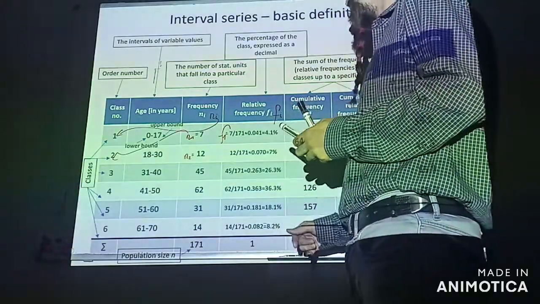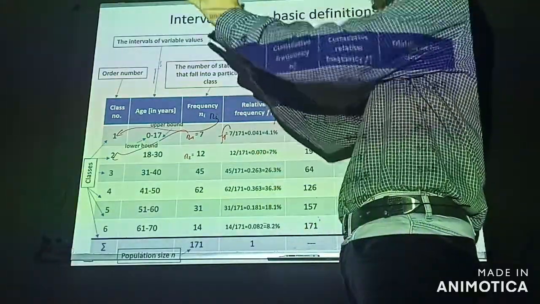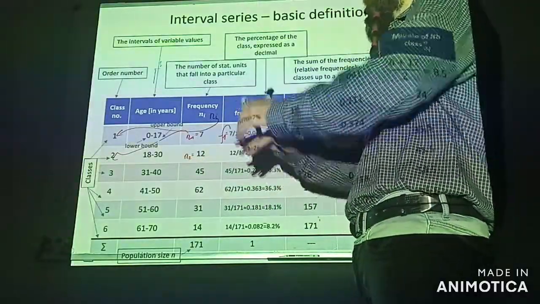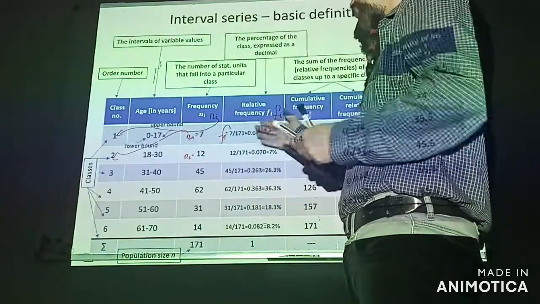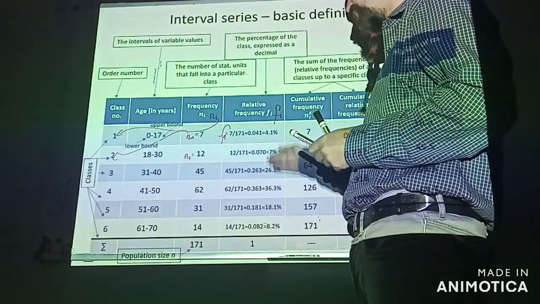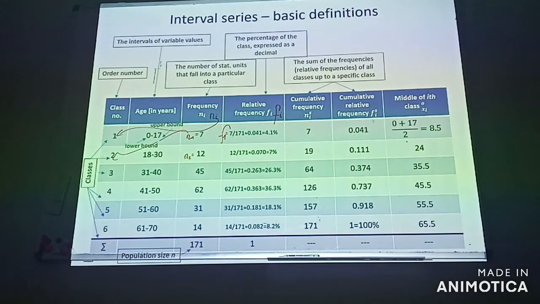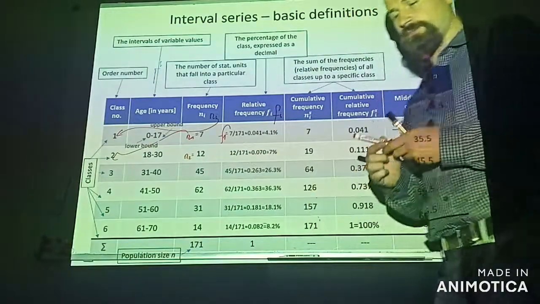So here we have the same information, but we see the structure, not the number of statistical units. We don't know how many statistical units were investigated. We see only the structure of the population.